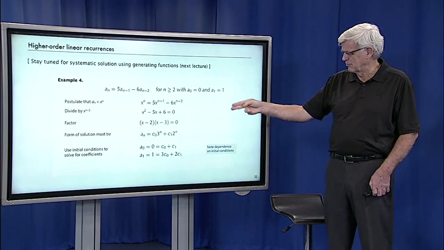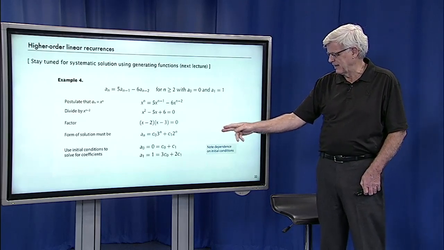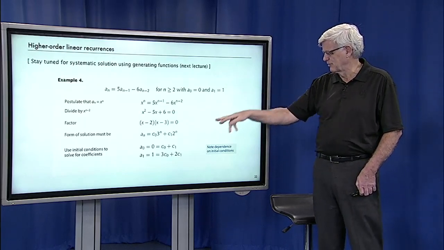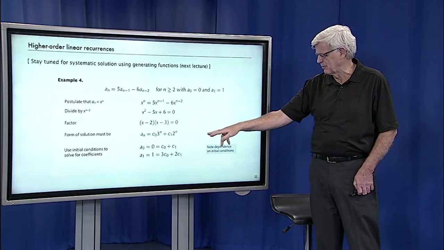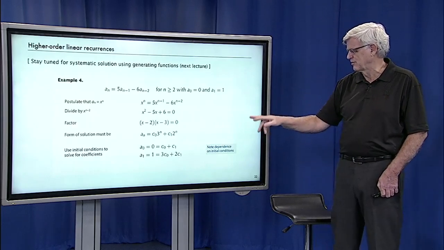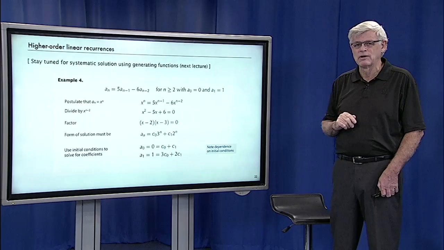So we can just plug in for A0 and A1, and it says that we must have that 0, which is A0, is equal to C0 plus C1, and that 1, which is A1, must be 3C0 plus 2C1.